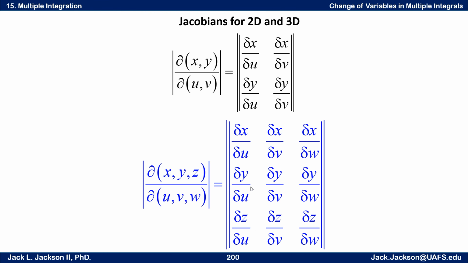The second row has the same u, v, and w as the variables with which you're taking the derivative, and the tops are all y's, and similar for z in the last row. So this would be the factor that we would introduce when we're changing from, say, dx, dy, dz to du, dv, dw. You'd have to put in this factor when you're doing this in 3D.